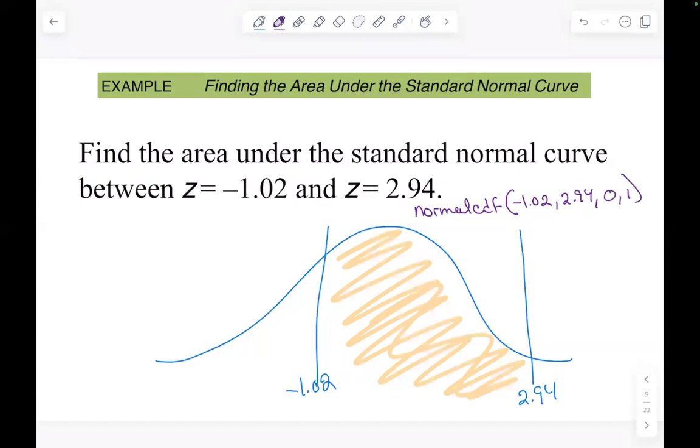So no 1E99s. Because it's in between those two values, we don't need infinity. Let's see how you guys do.